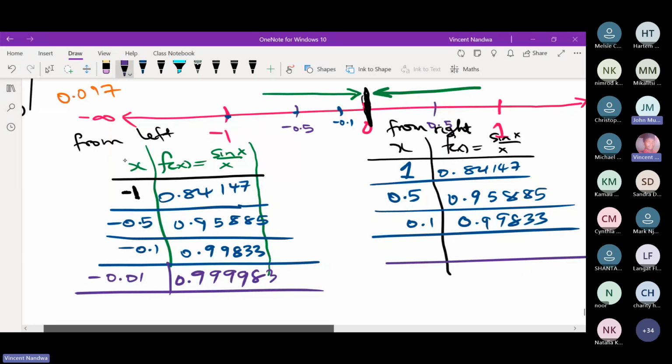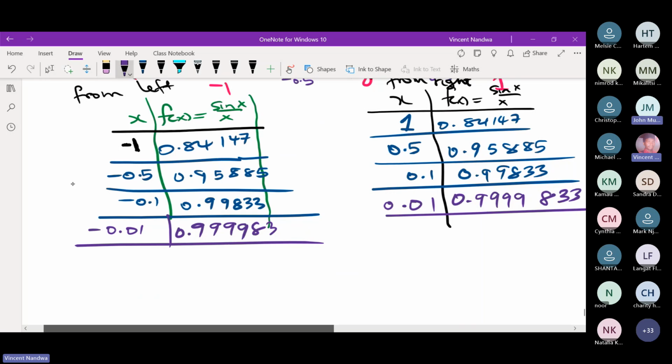And when it is positive, is it the same value? Yes, the same value. 999, 833. Good. And then let's get even closer to 0 by saying -0.0001.